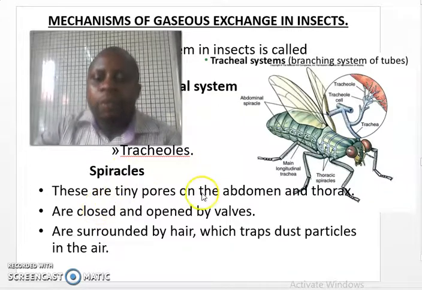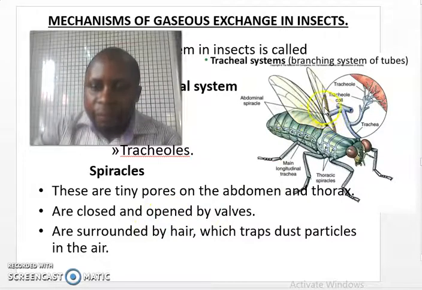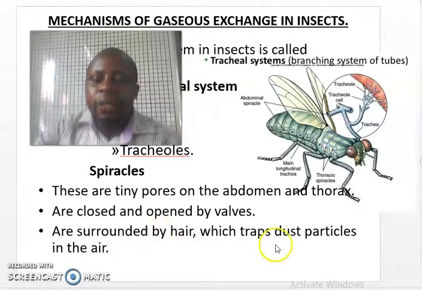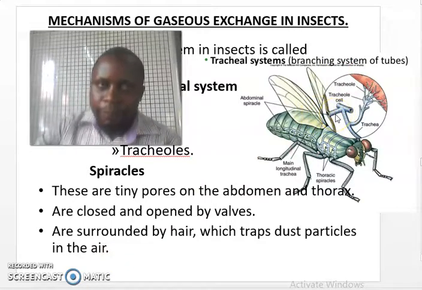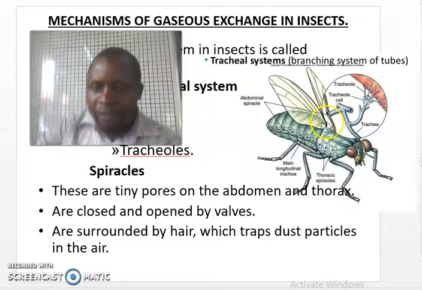Spiracles are tiny pores on the abdomen and the thorax that open into the tracheae of the insect. They are opened and closed by valves. They are usually surrounded by hair, which traps dust particles from the air, preventing them from getting into the tracheal system.